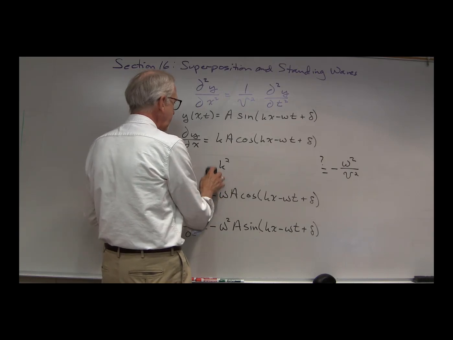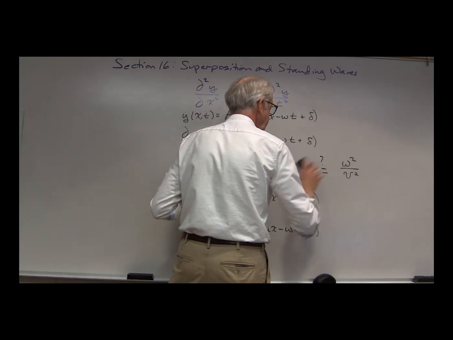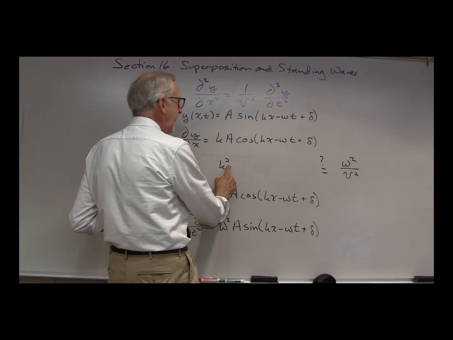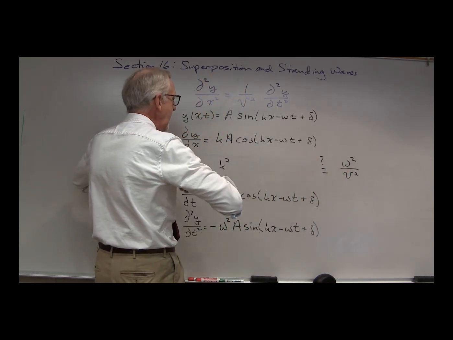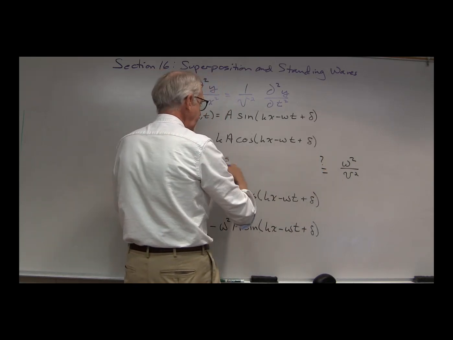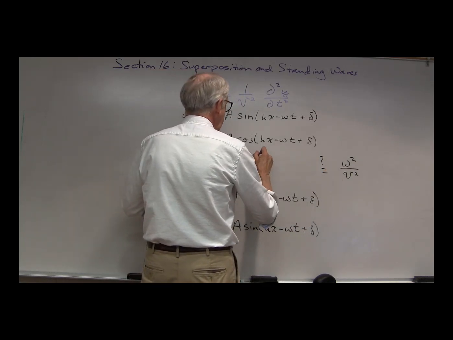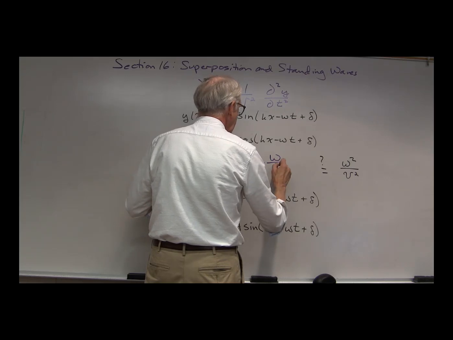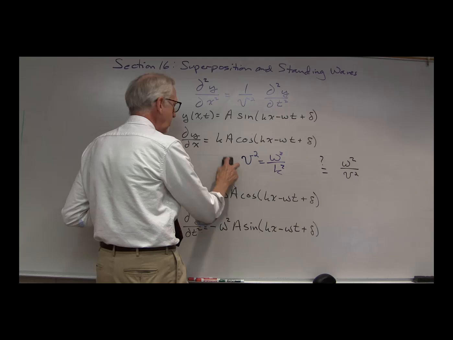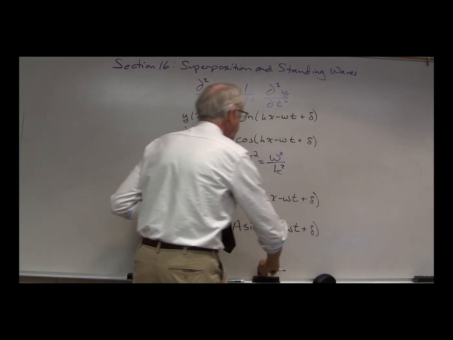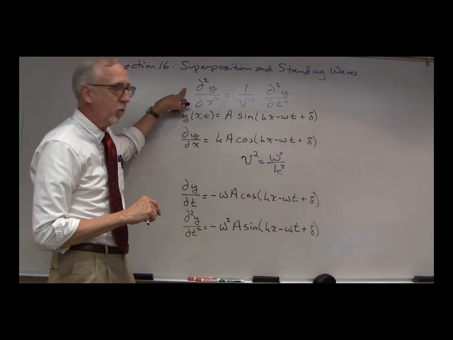We've got a negative sign, we've got a negative sign. So as long as k squared equals omega squared over v squared, in other words, v squared equals omega over k squared, as long as that is true, then this will be a solution to this equation.